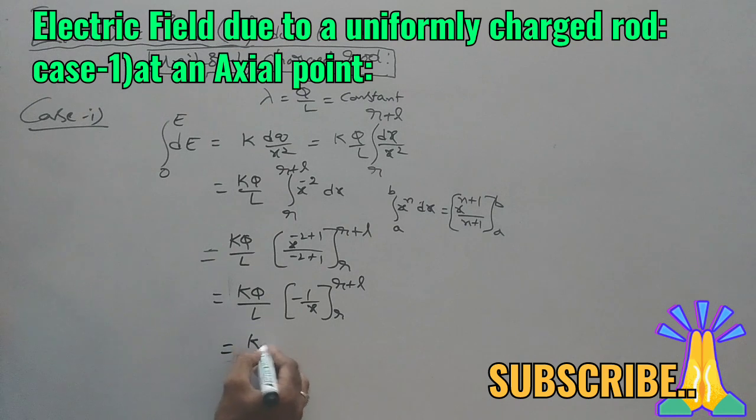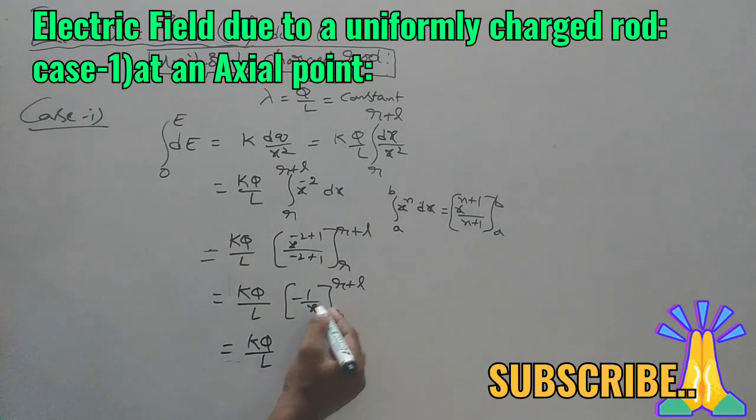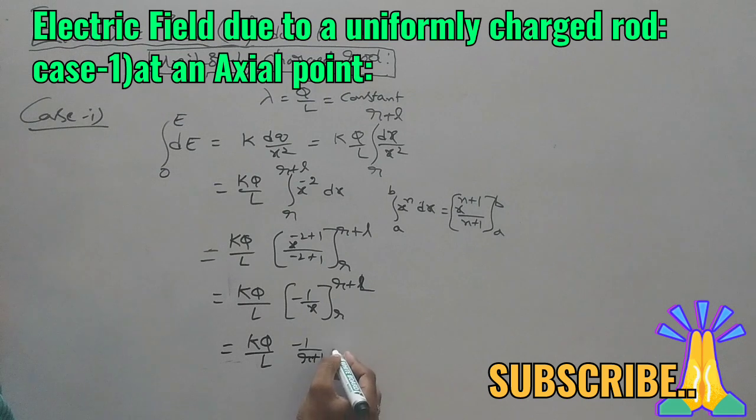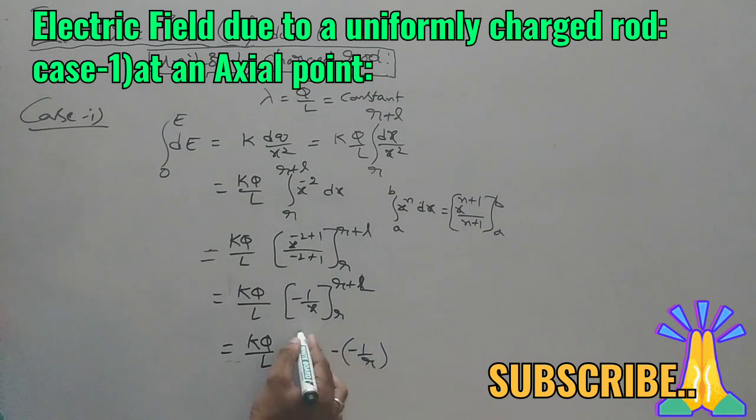Then here kq by L into, now in the place of x first substitute the upper limit, R plus L, minus, this is in the formula, minus of minus 1 by, in the place of x R. So like this if I write, I am getting the result like this.